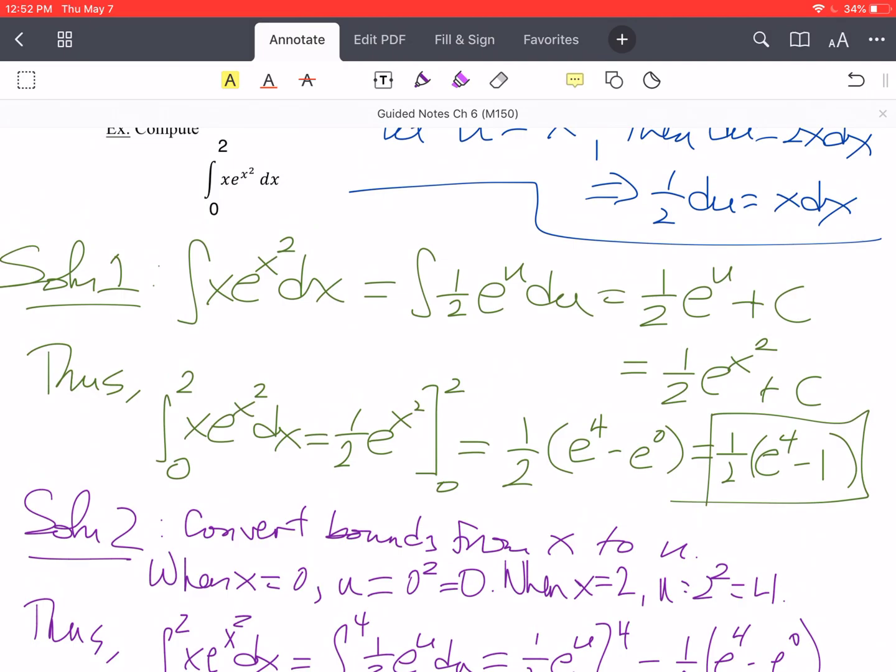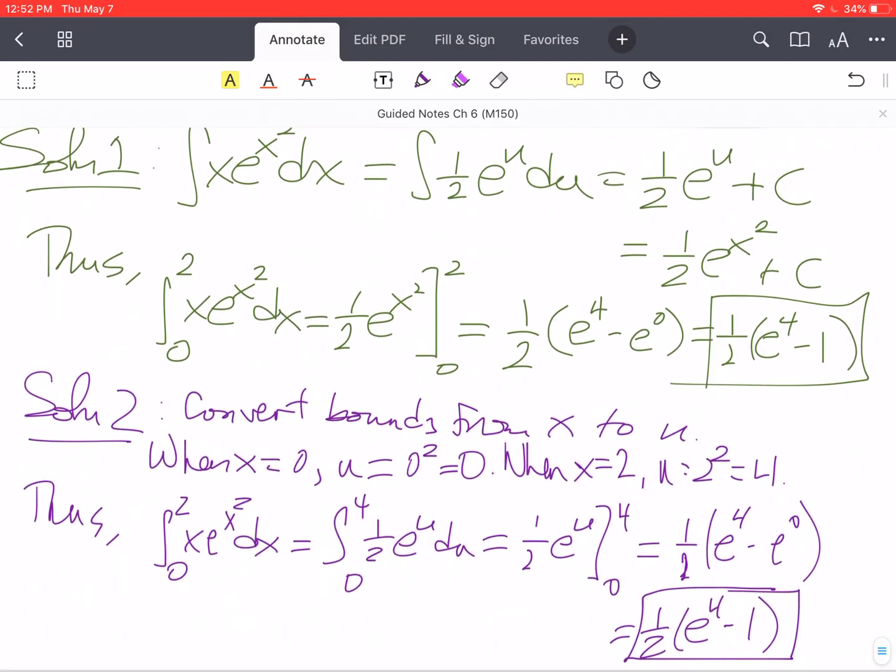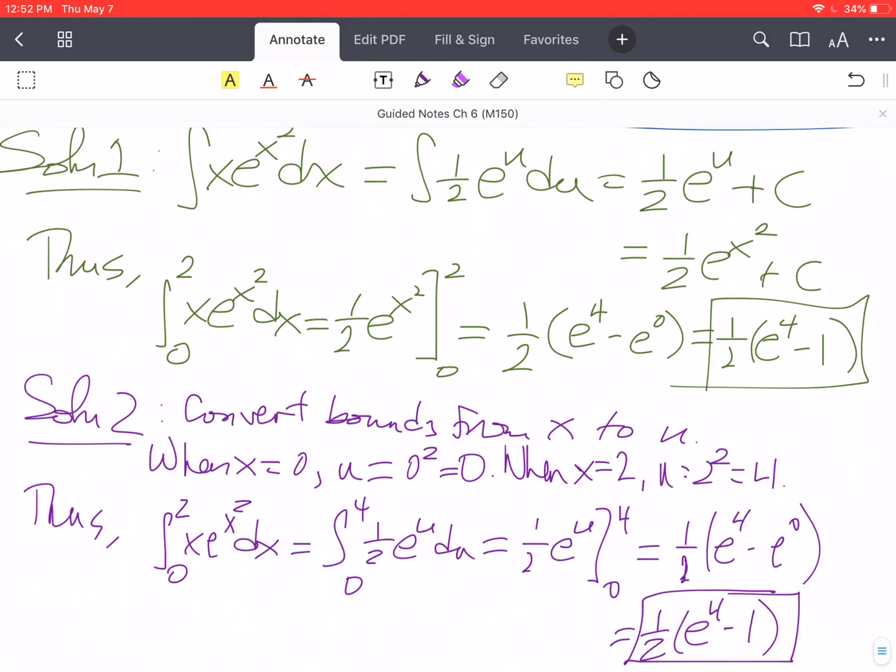So that's fine. You can do it that way. Some people prefer the second way because they like being able to not go back to x, and they feel it's a bit shorter, and not have to worry about subbing back and all that kind of stuff. So it's totally up to you which method you prefer to use.